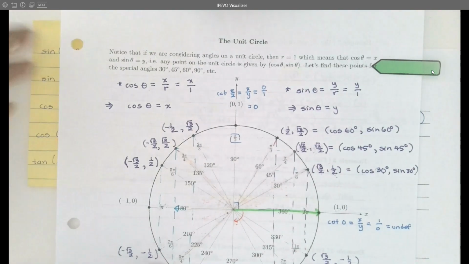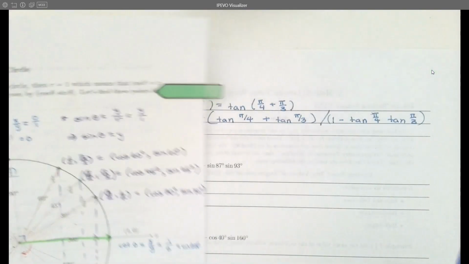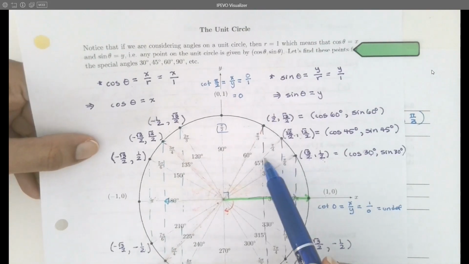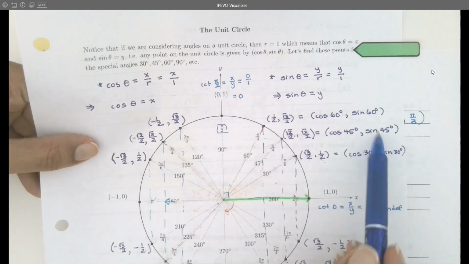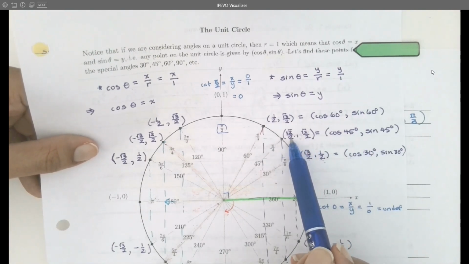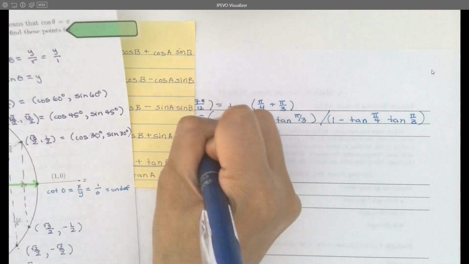So here, what we're going to do is look at pi over 4. So here's pi over 4. Take sine of pi over 4, which is going to be radical 2 over 2, divided by cosine of pi over 4, which is also radical 2 over 2. So this is going to be just 1.